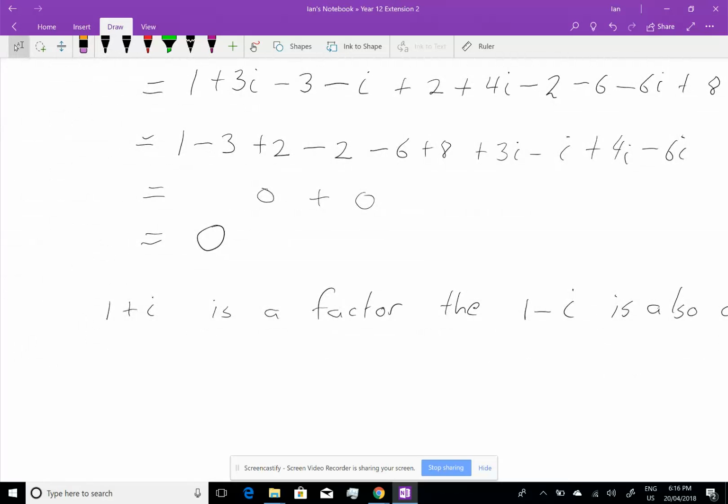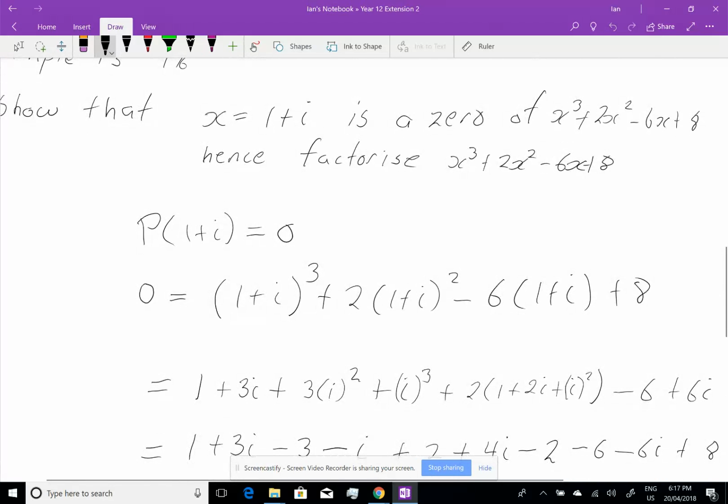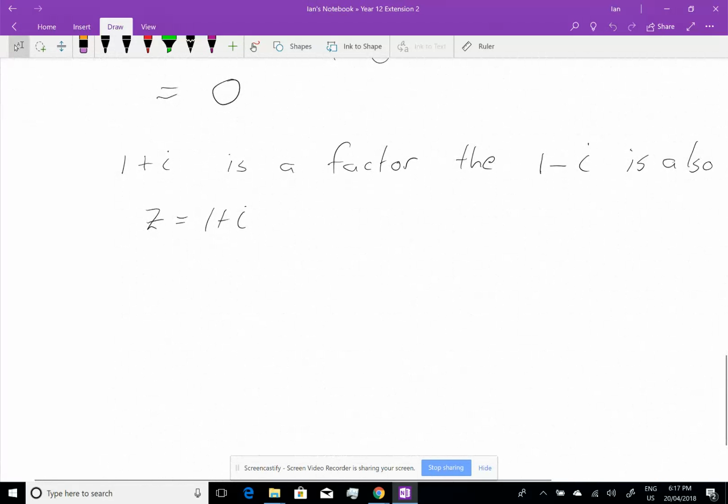So we have, we'll let z equal 1 plus i. Therefore, it's a cubic. z conjugate equals 1 minus i.